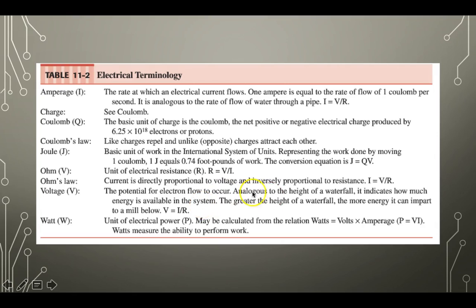In the video, they do a really good job talking about the height of the waterfall and how that would be the equivalent of potential energy in this case. So the potential for that current to flow is based on the charges at the negative pole, or the cathode, and the charges at the positive pole, or the anode. And then a watt is a unit of the electrical power. It has to do with the voltage as well as the current.